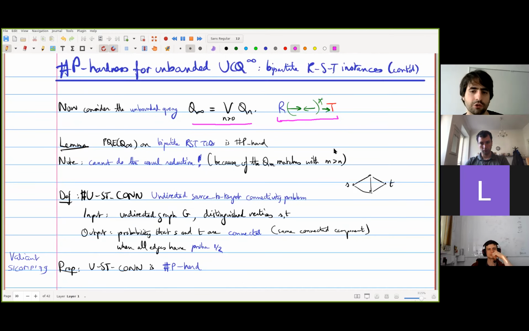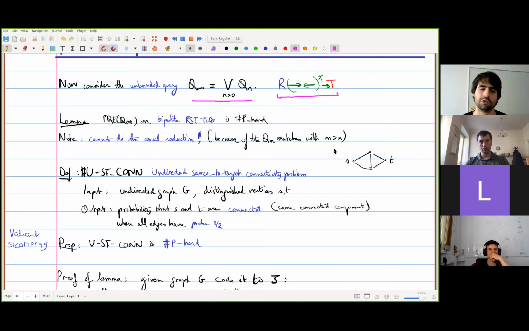Instead, we do a different coding, because it's fortunately the case that reachability in probabilistic graphs is known to be #P-hard. So if I have a graph where each edge has probability 1/2, and I distinguish two vertices S and T, and I want to know what's the probability that there's a path connecting S and T in a probabilistic graph like this, this is also a #P-hard problem.